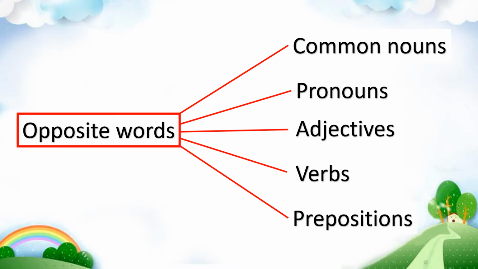There are two types of nouns, proper nouns and common nouns. Pronouns are used in place of nouns. Adjectives mean describing words. Verbs mean action words. Prepositions mean position words. Let's see a few examples of opposite common nouns.